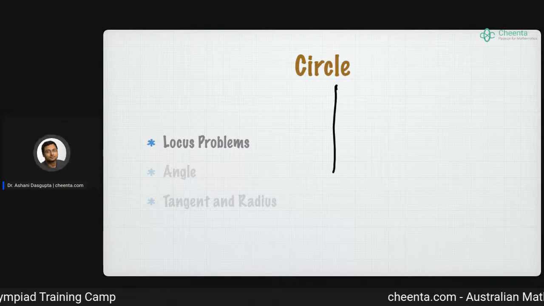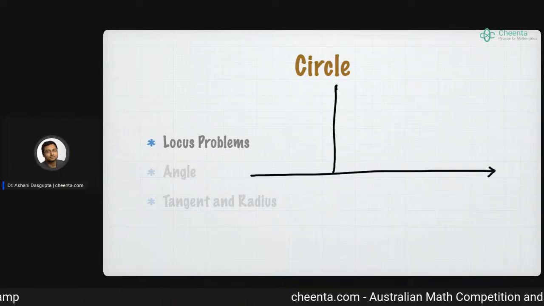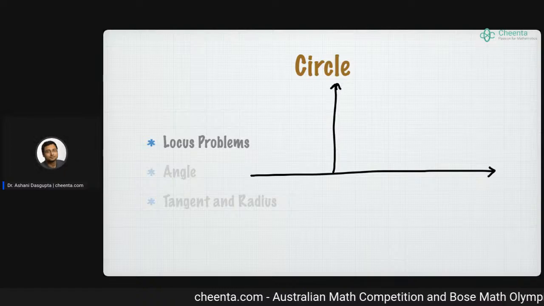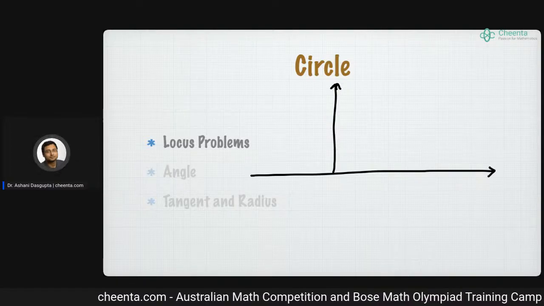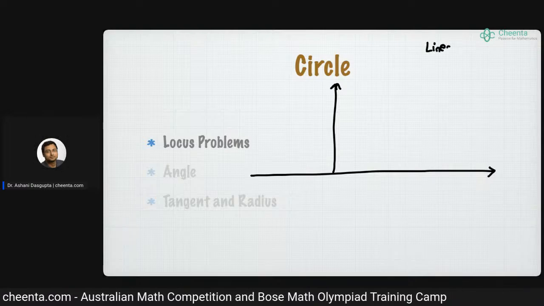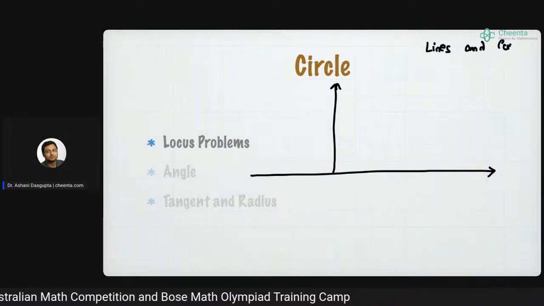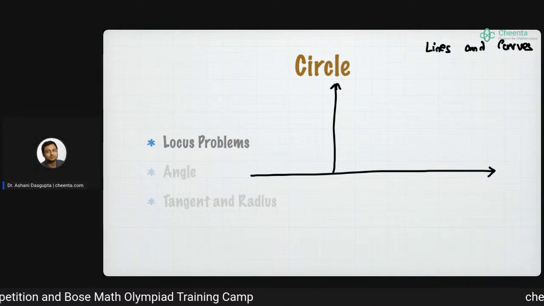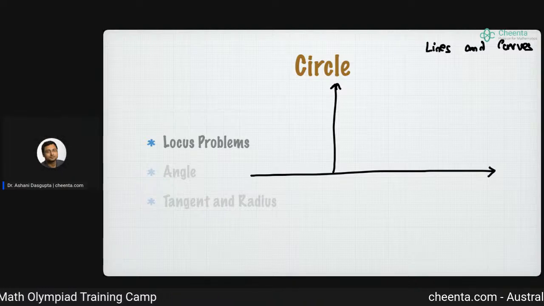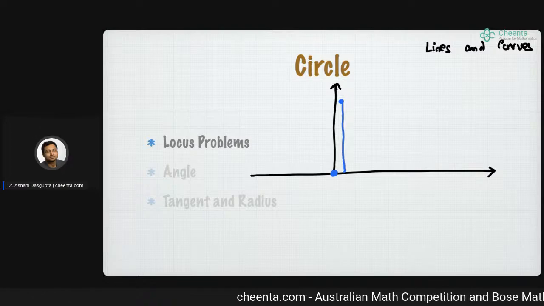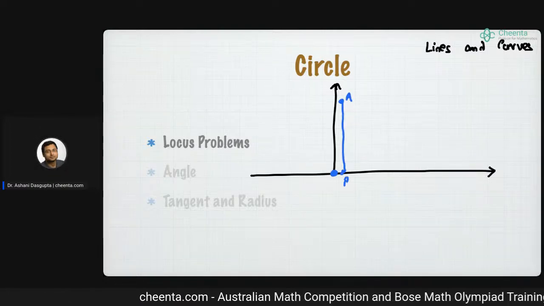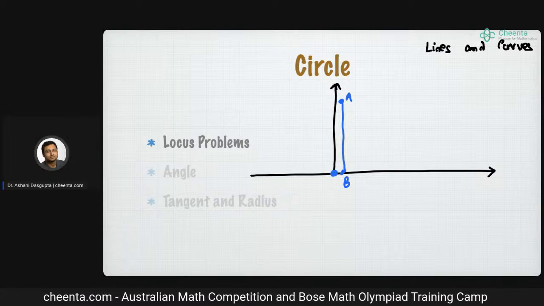So in our case, maybe here is a very interesting problem that I encountered in a book called Lines and Curves. It's a very beautiful book from a Russian author called Vasiliev. So there is this ladder called the ladder AB, which is standing upright.